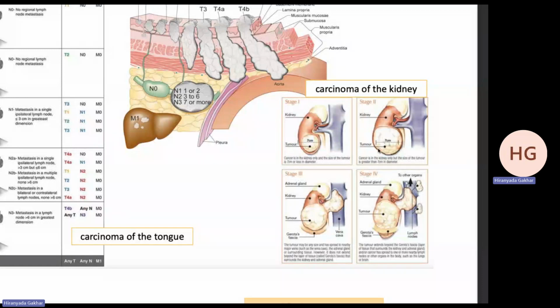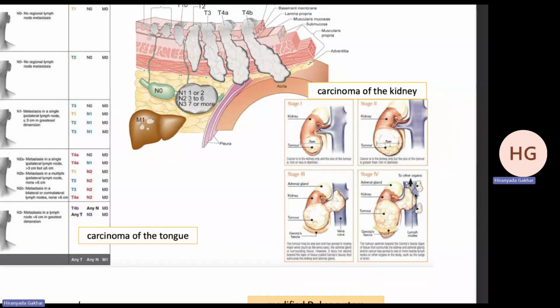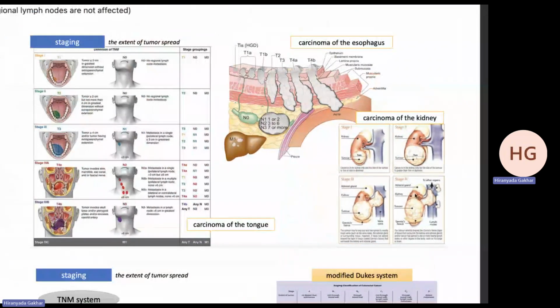If it's approximately 7 or greater than 7 centimeters in diameter, then we say that it's stage 2. If the tumor has invaded your vena cava through the renal vein, then we say that it's stage 3. And we say that it's stage 4 when this particular tumor has invaded and crossed the Gerota's fascia and also affected the lymph nodes. So that's about the kidney carcinoma.